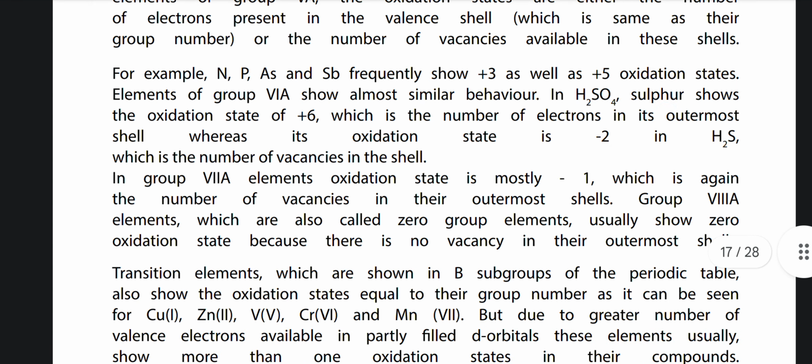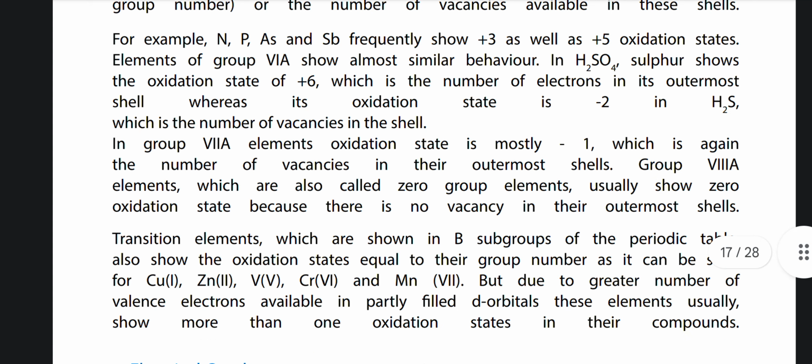Elements of group 6A show almost similar behavior. In H2SO4, sulfur shows the oxidation state of +6, which is the number of electrons in its outermost shell, whereas its oxidation state is -2 in H2S, which is the number of vacancies in the shell. In group 7A, the elements' oxidation state is mostly -1, which is again the number of vacancies in their outermost shell.